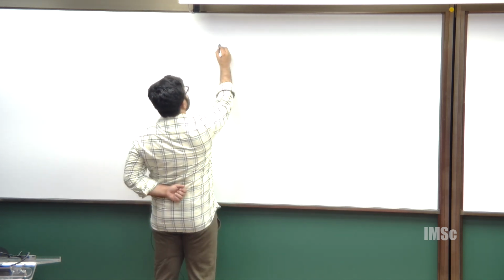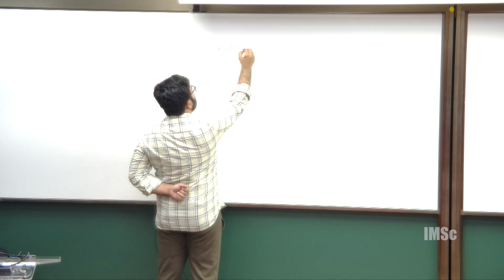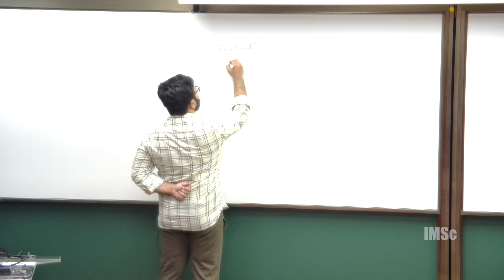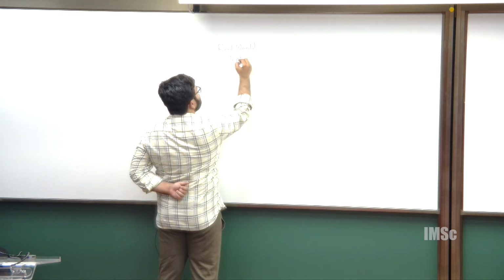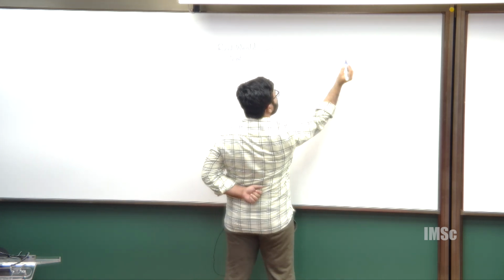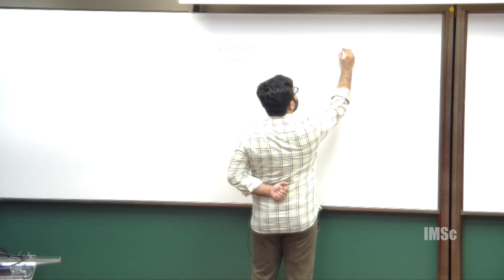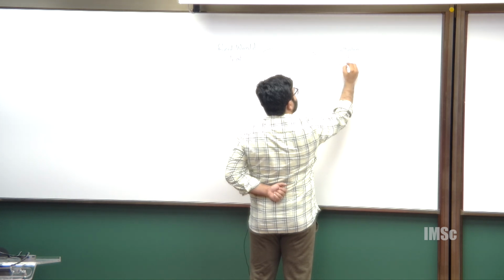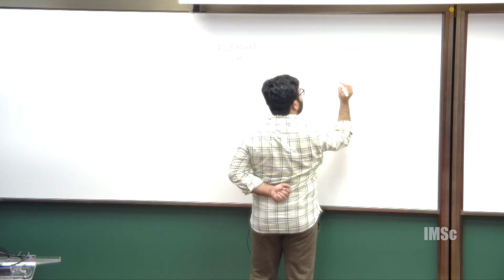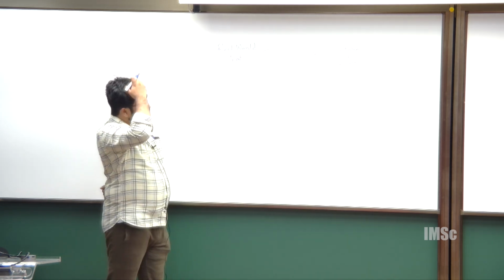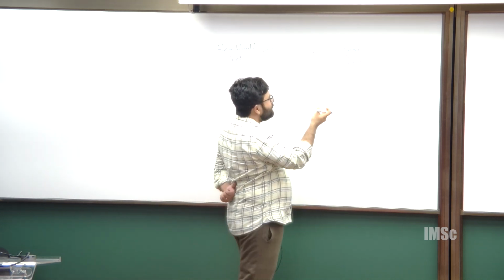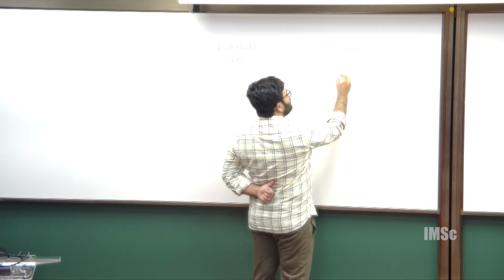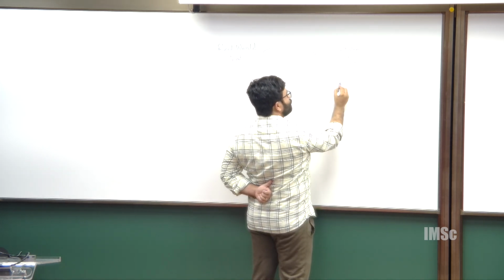Let's write: real world input has to be converted into some collection of numbers. Computers are very good at understanding single numbers or so-called vectors.